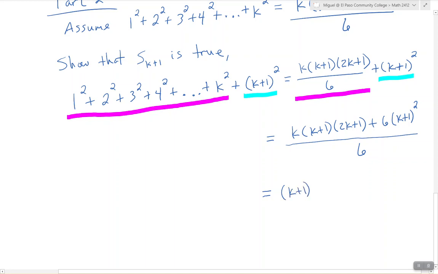If I take this out like that, for the left side, I would end up with just k and 2k plus 1. And then over here, I would have plus 6 and then a single k plus 1.